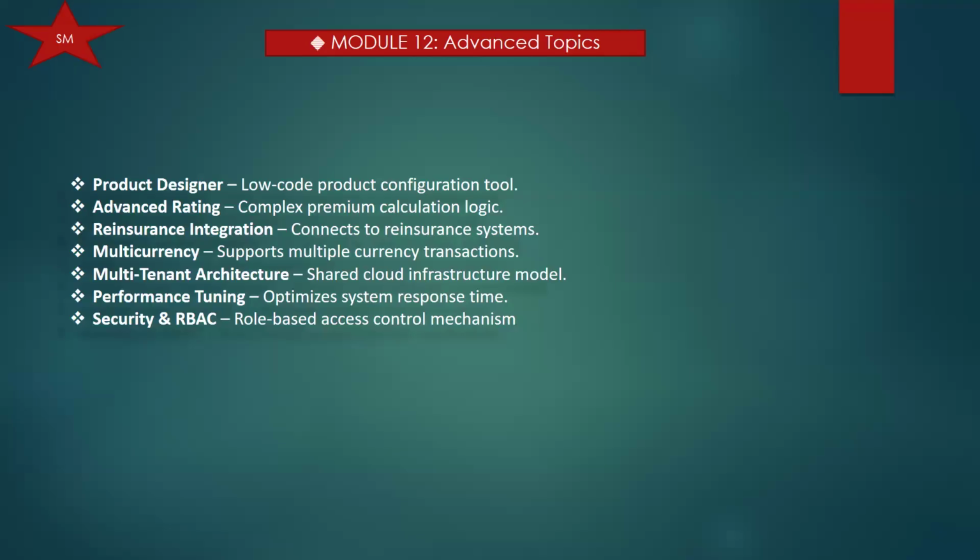And performance tuning, to optimize system response time. Whenever you develop any product, it is necessary to check how the product is performing and whether any tuning is required for performance improvement. You check that in the performance tuning features.